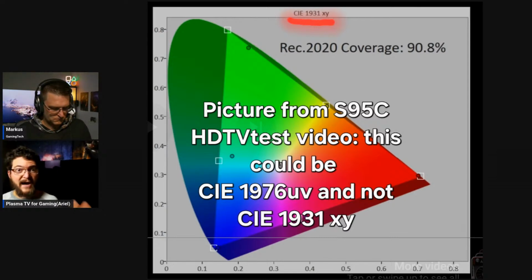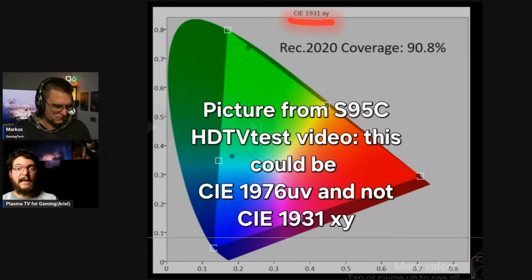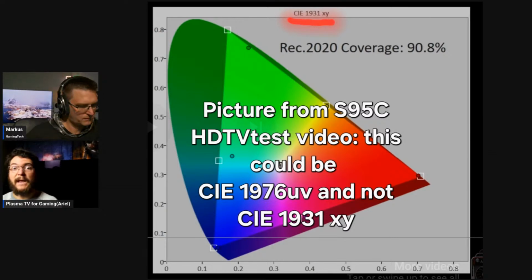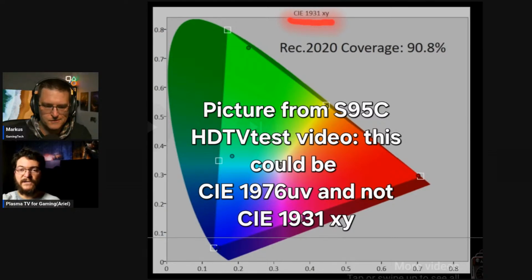And then on the G5 video, it says exactly the same thing, same CIE 1931 XY, and it says 83 point something. So I'm like, okay, the difference is big. And the thing is, this measurement over 90% is not in XY. It is in UV instead. So it's a different year.